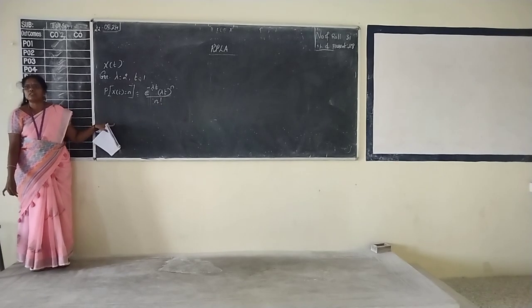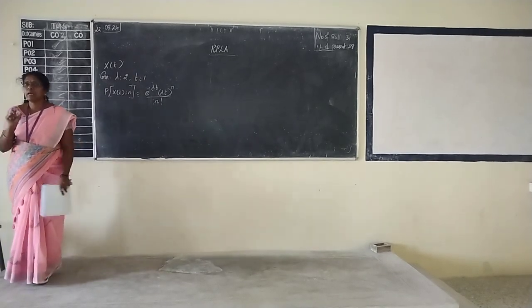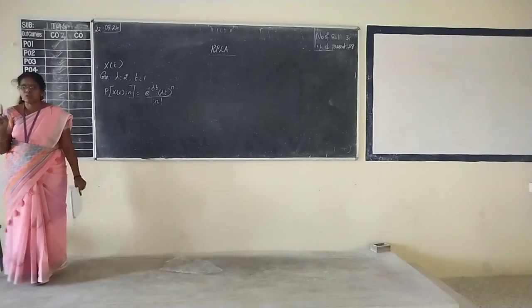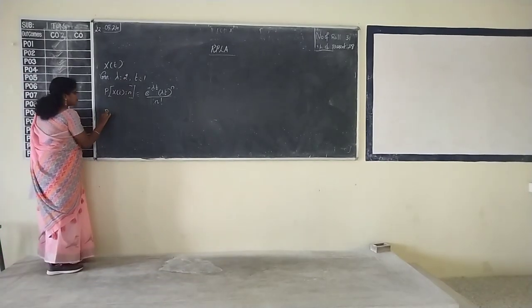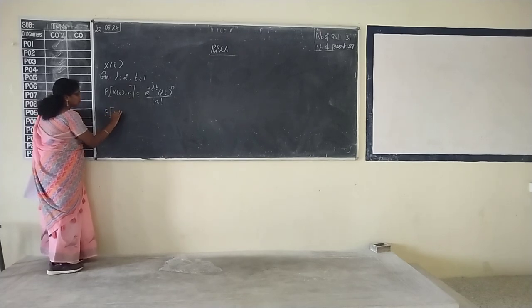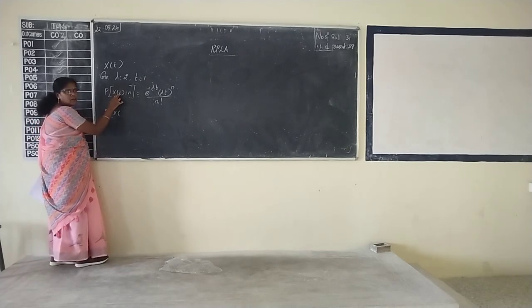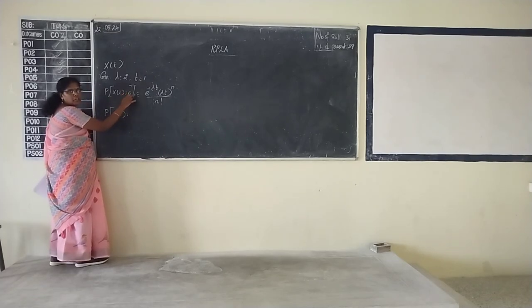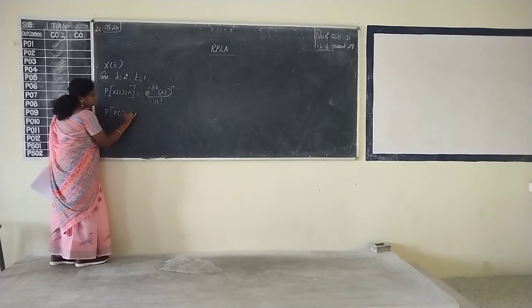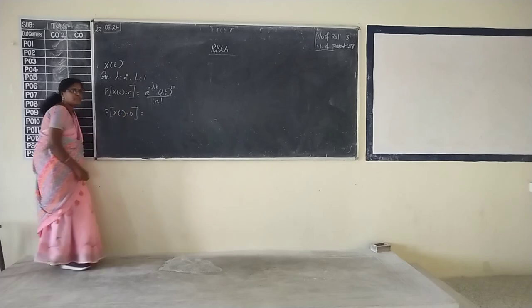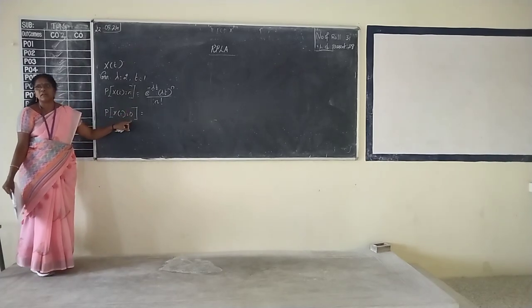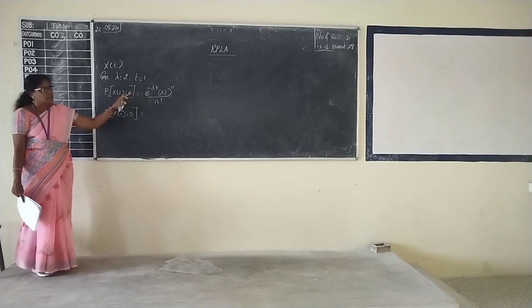Now write what you are supposed to find. No patients arriving in the 1 minute interval. So you are supposed to find probability of X of 1 equal to 0 patients. This is how you must write it: the time interval and the number of events, whatever data is given. Now substitute everything.